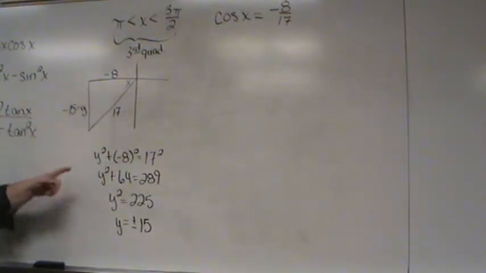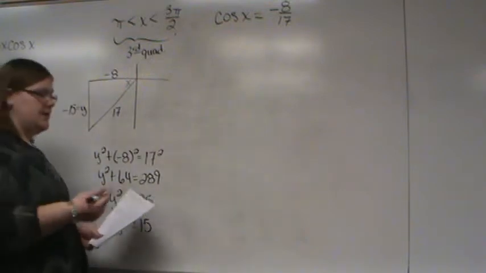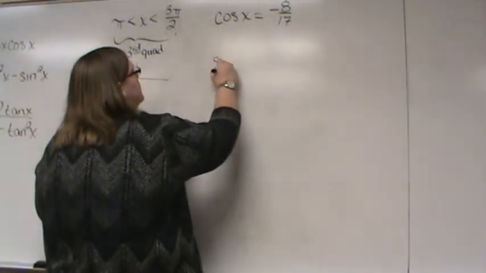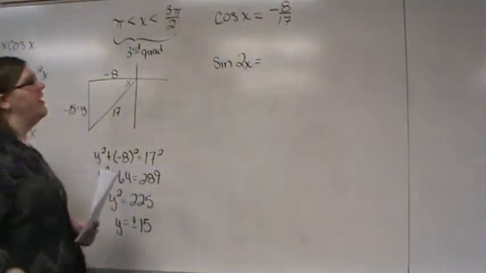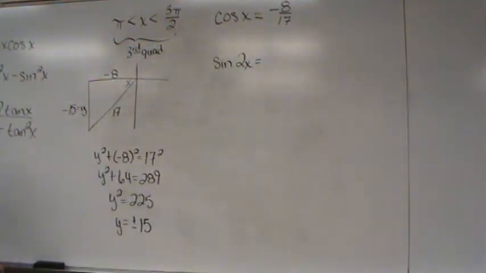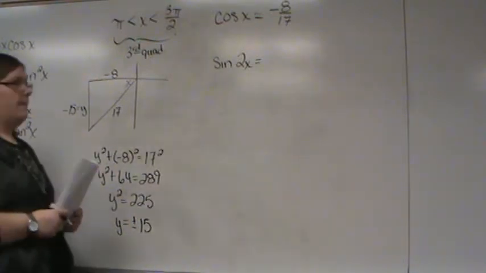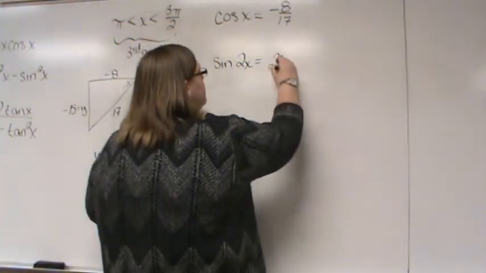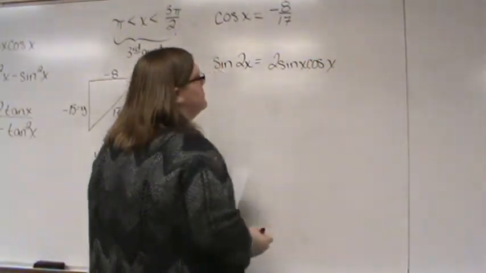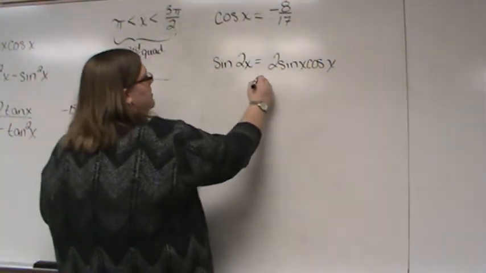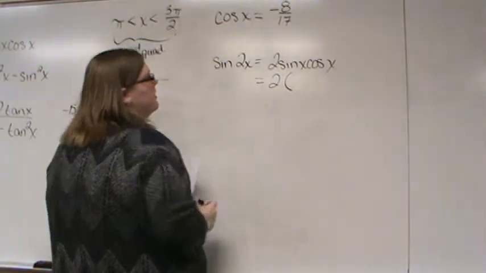So now that we have our triangle, we can use that to find our sine of 2x. So how do we find the sine of 2x? We can just use the identity that we just had: 2 sine x times cosine x. So we're going to have 2. What is sine x?